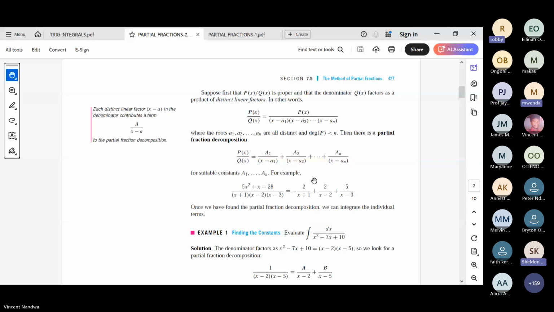Then to get a2, you need to find a way of eliminating the part which has a1 and the part which has a3. Which value of x should you fix to do away with parts having a1 and a3?